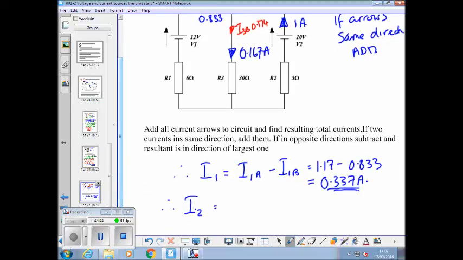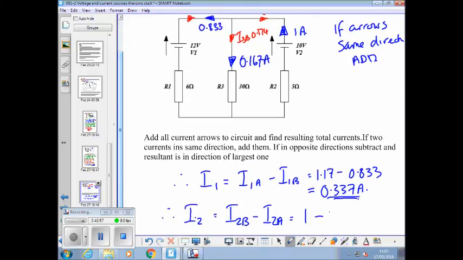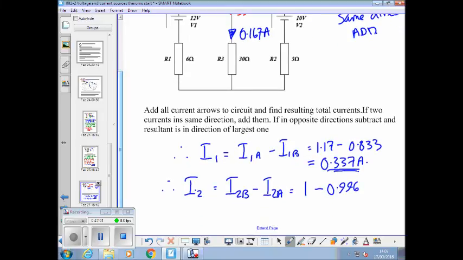So that's going to be I2B, take away I2A, which is the 1 amp, take away the 0.996 equals 0.004 amps. Yep.